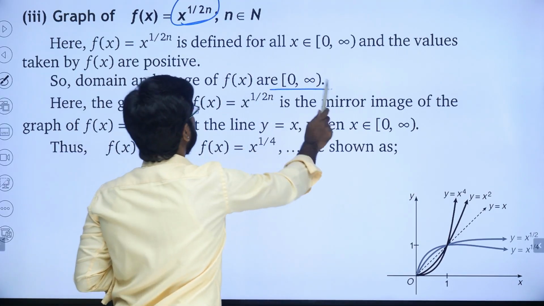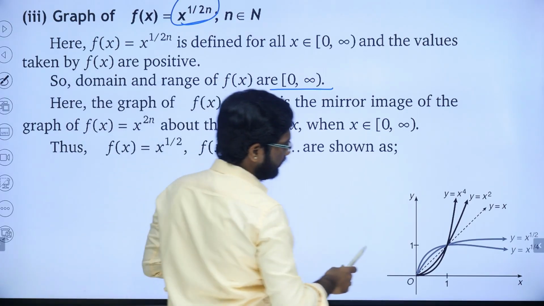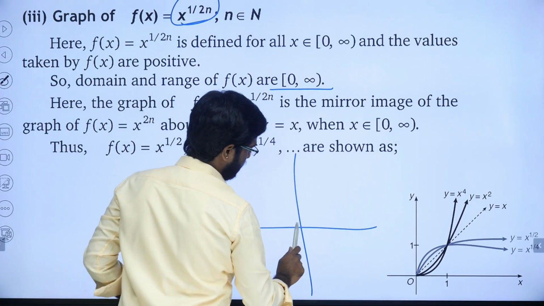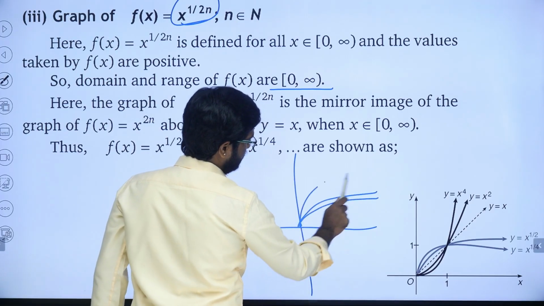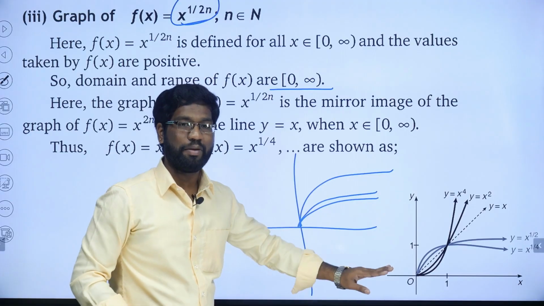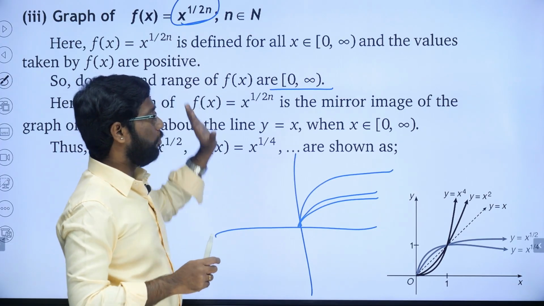Here also, see, they said domain and range are going to be 0 to infinity. Just the graph changes somewhat, here it goes like this. Other than this, the function is the same, equal for the generalized term, whatever I explained before.